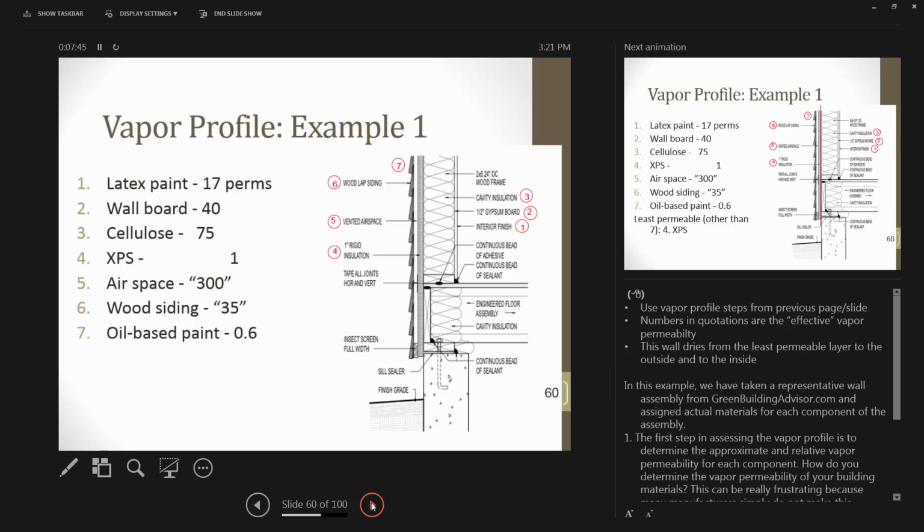So within our wall assembly, not including the paint, our least permeable member is that extruded polystyrene.